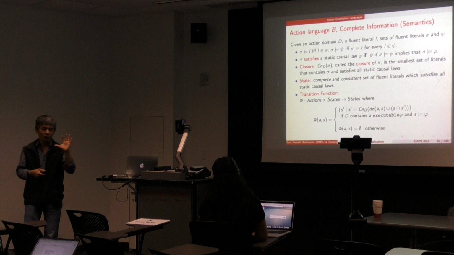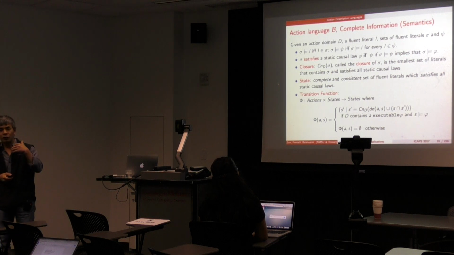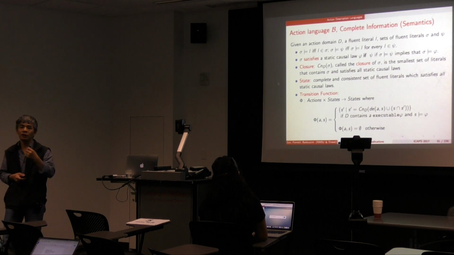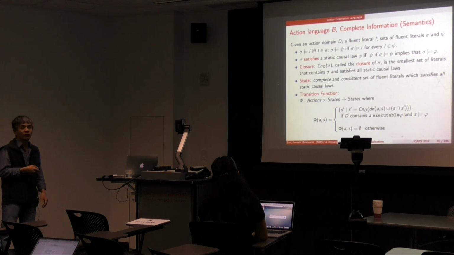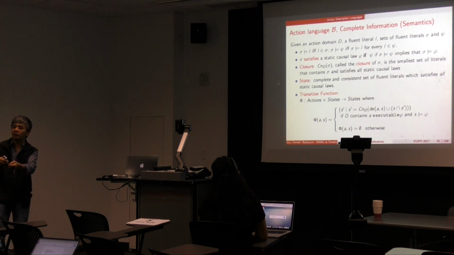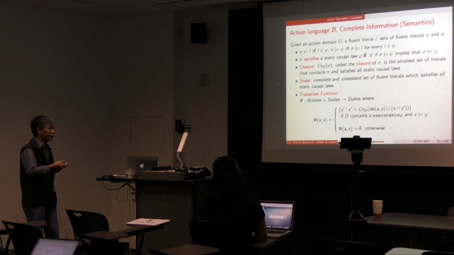The idea is that when you execute an action, all the direct effects of that action have to be satisfied, but then all the indirect effects should also be satisfied. Depending on the static causal laws, there may be different ways of creating the indirect effects of an action.